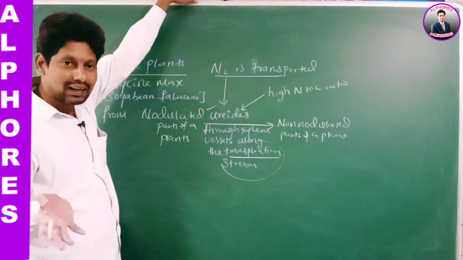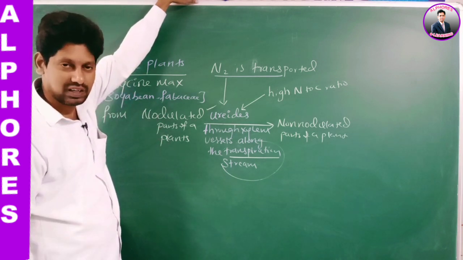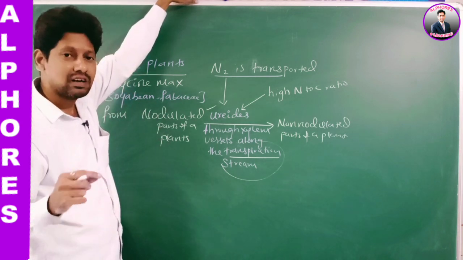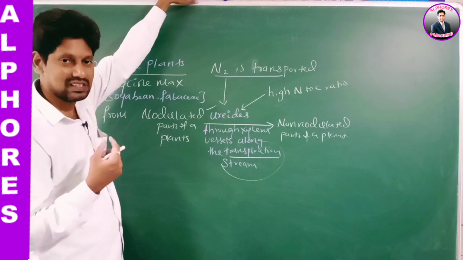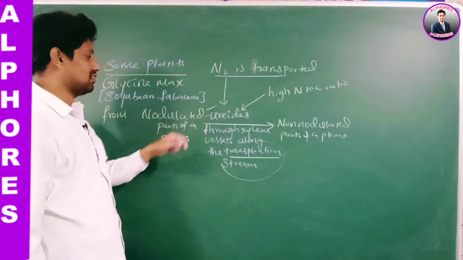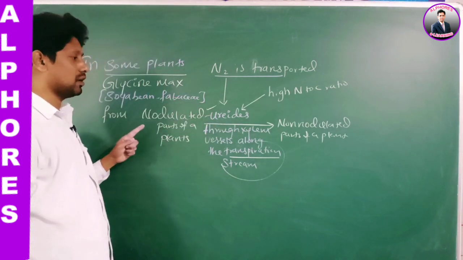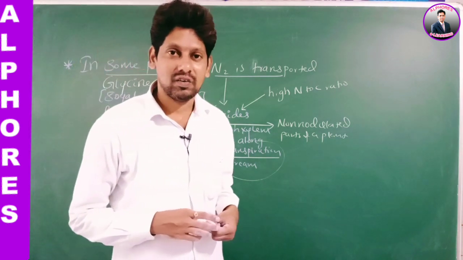Along with that water which is moving through the xylem vessels, ureides are transported from nodulated parts of the plant to non-nodulated parts of the plant. Okay, right? Thank you.